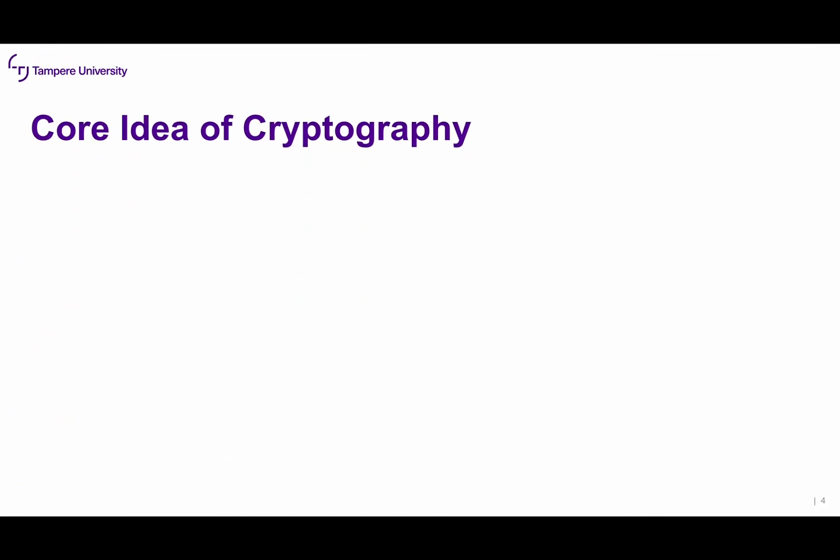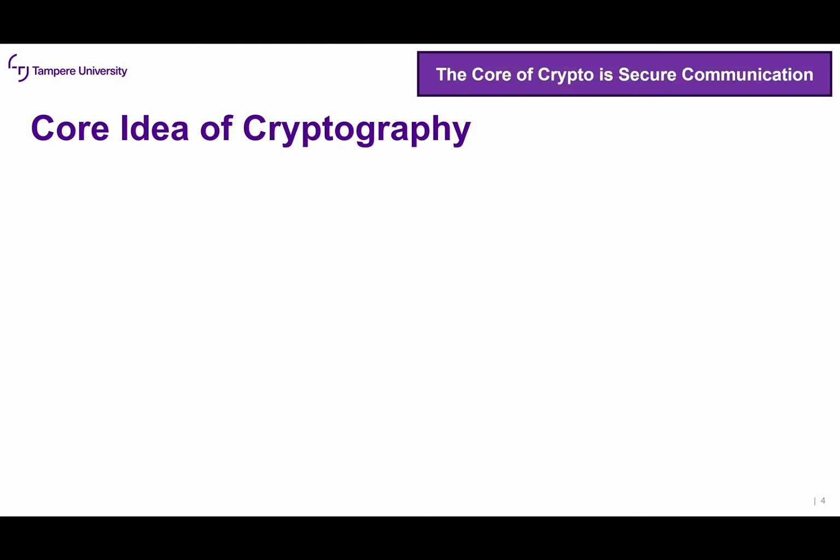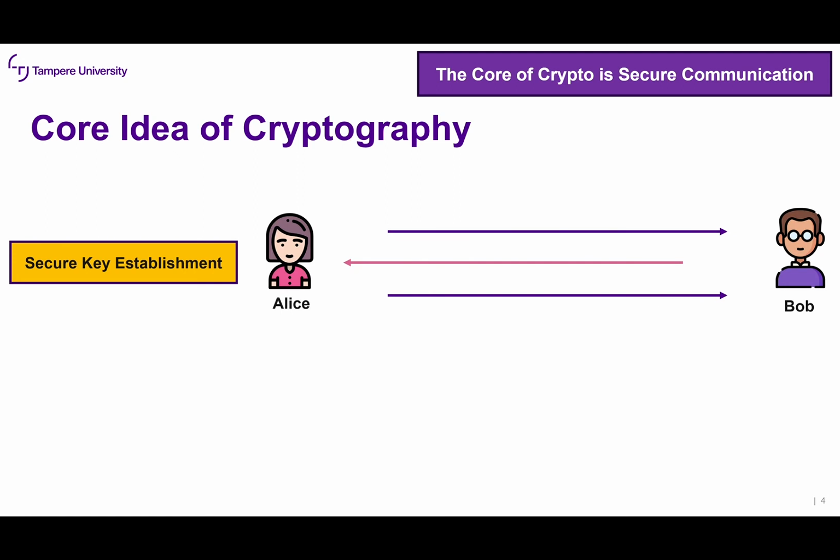Right, so what is the core idea of cryptography? So the core idea of crypto is basically secure communication, right? So to secure our communication, first of all, we need to make sure that Alice and Bob can securely establish a secret key, which means that we have Alice and Bob, the two ends, and they will start exchanging a bunch of messages with the main aim of both of them coming up with the same encryption key.